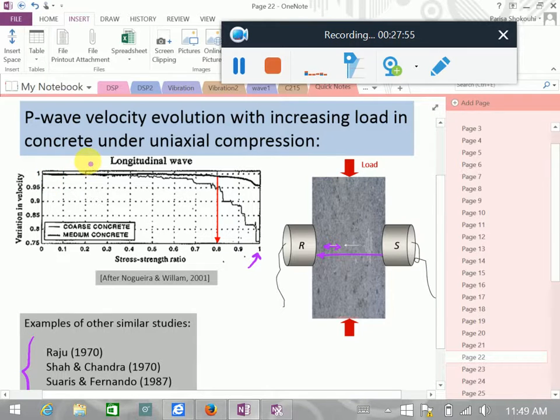Then it changes a little bit, and it changes more for coarse concrete than for medium concrete. At about 80% of the stress-strength ratio, the change is 5%. So this tells you that what we calculated before with crack density 0.15 was a lot of cracks. Even when you are almost about to fail, the change in velocity is very, very small.